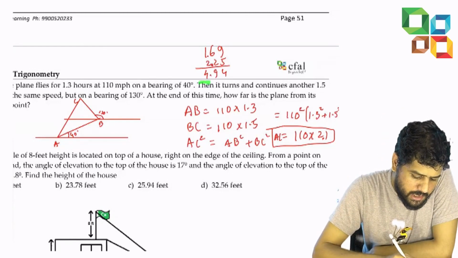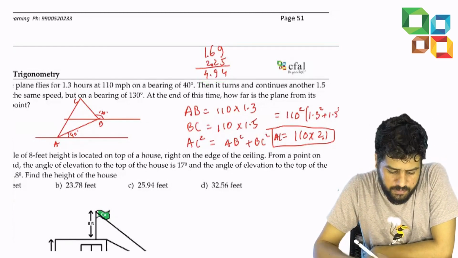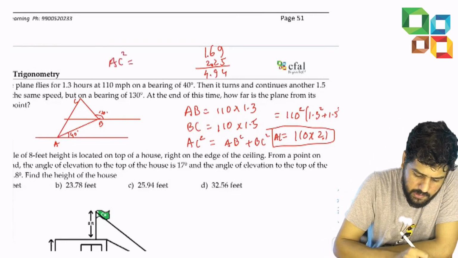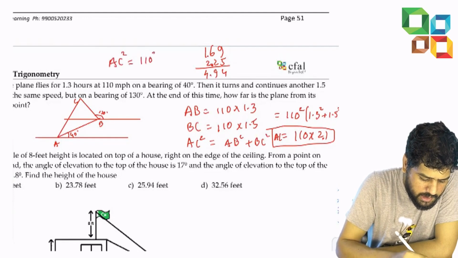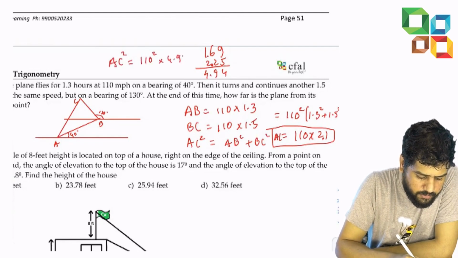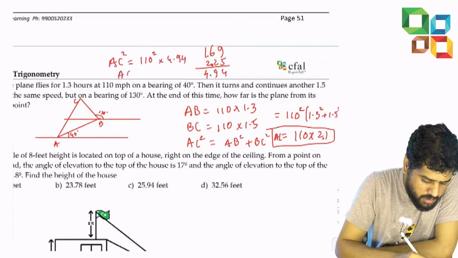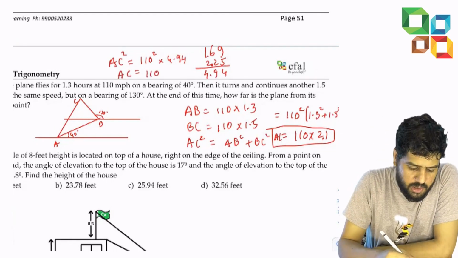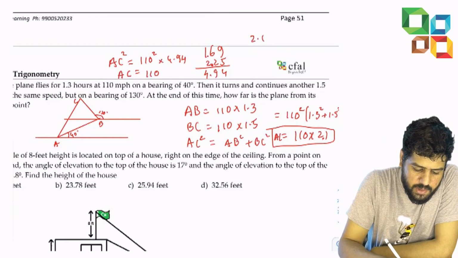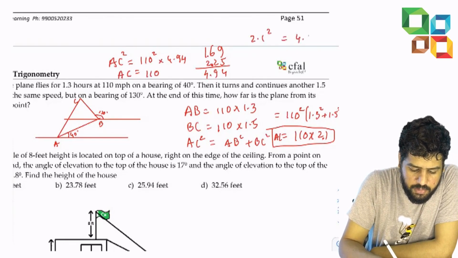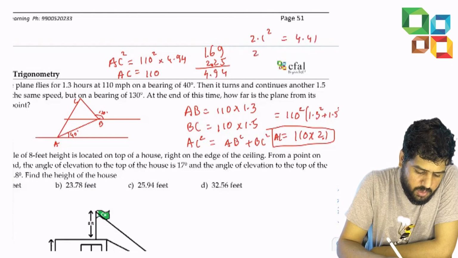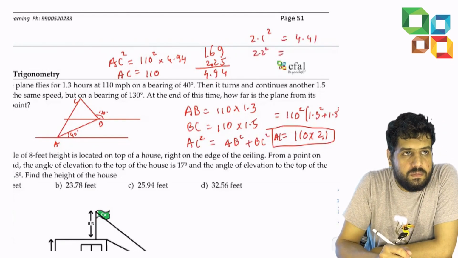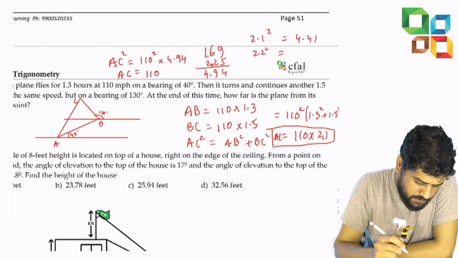Okay. So add the 2, you'll get 4.94. So AC square is equal to 110 square into 4.94. So AC is the square root of this, which is 110 into square root of 4.94. 2.1 square is 4.41. 22 square, I'm not very sure. 3.94, is it?